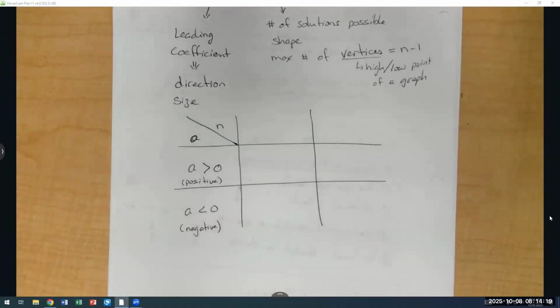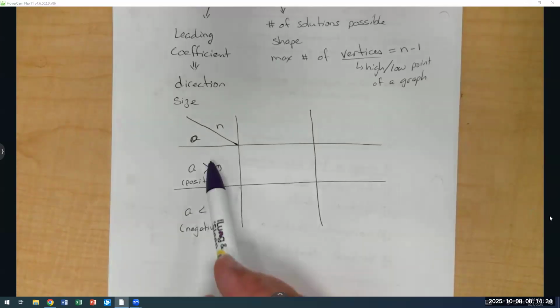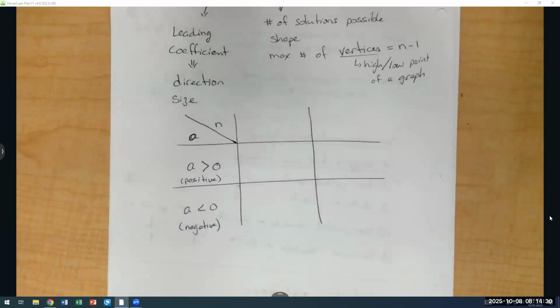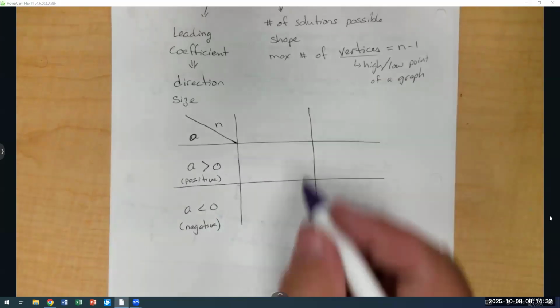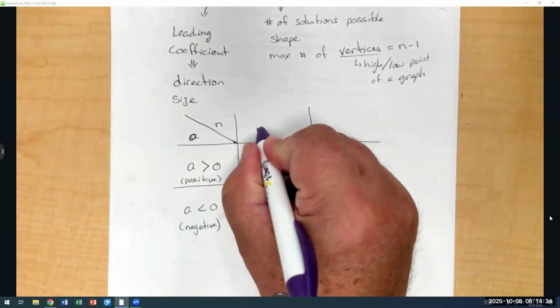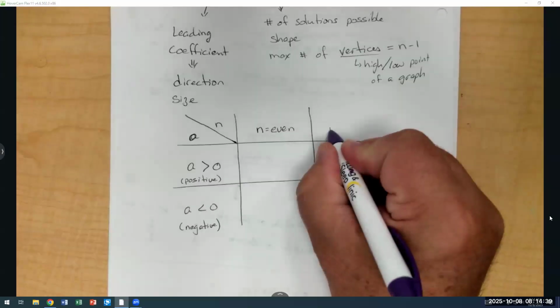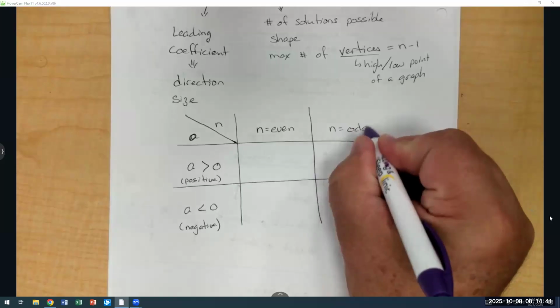The leading coefficient. It's a number in front of your x value. So it's either going to be positive or negative. What does n tell us? The degree. That tells us the shape of it. So n can be even or n could be odd.